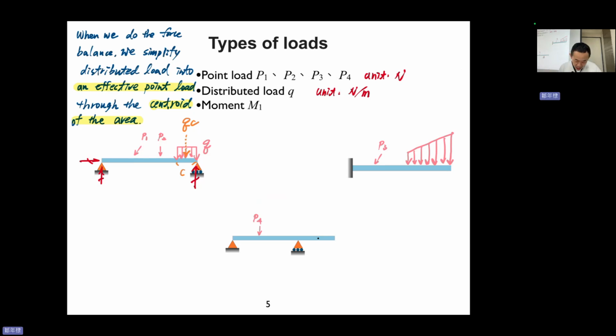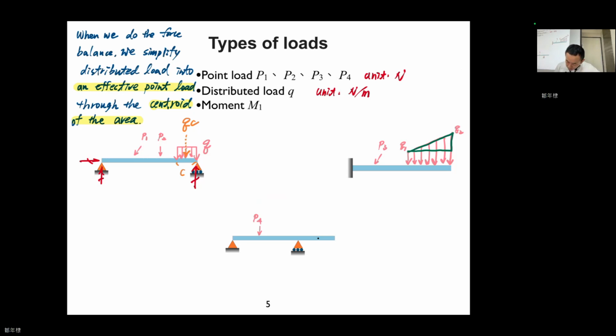Because we can simplify this, we can have 2 areas. If you have Q1 and this is Q2, okay? So the Q1 gradually becomes Q2, all right?